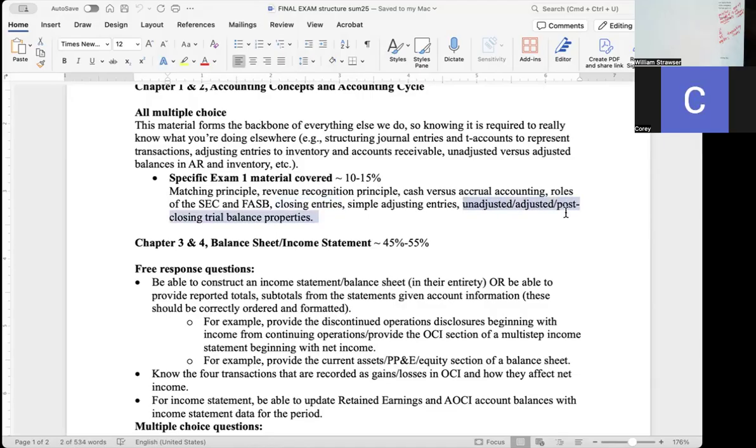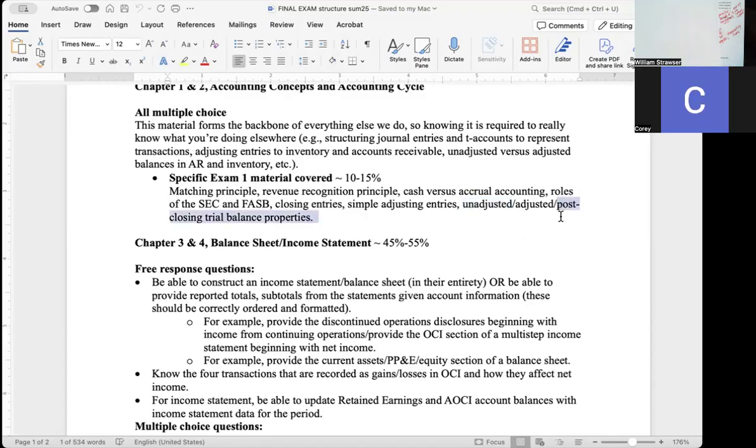Unadjusted, adjusted, and post-closing trial balance properties. What does that mean? Well, basically, what's the distinction between these three trial balances? The second practice set tried to make you think about, okay, what transactions go into the unadjusted balance of this account? What adjustments are there for this account? That's kind of what I'm thinking of.